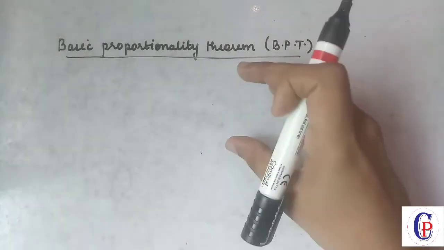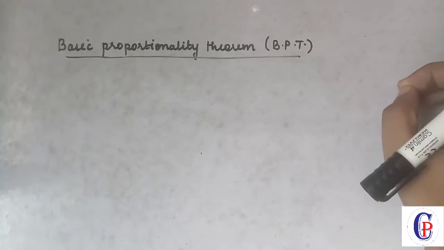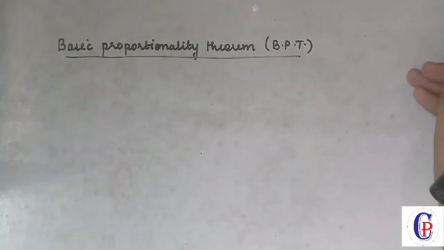We won't write those three lines given in your textbook, like if a line is parallel to the side of a triangle and intersects at two distinct points and all that. We will directly understand what this theorem says, because the main part of the lecture is to understand things and not to make maths difficult. You have to study maths in an easy way so that you can apply it.